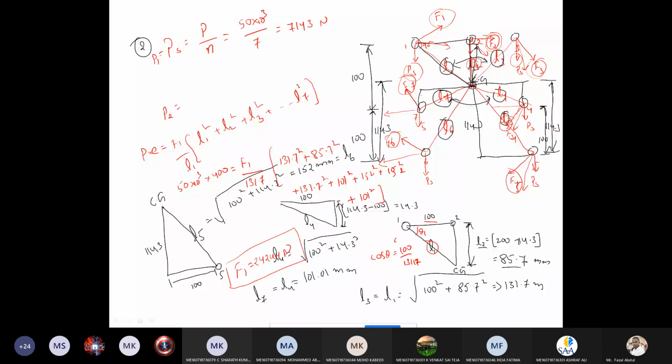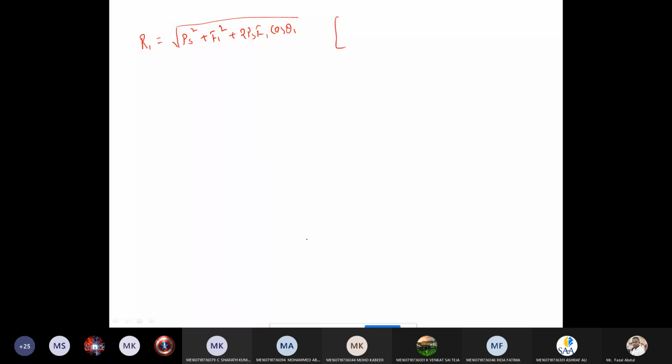How much, Babu? Calculate cos theta 1. Tell me cos theta 1 value. 100 by 131. How much, Babu? 0.76.